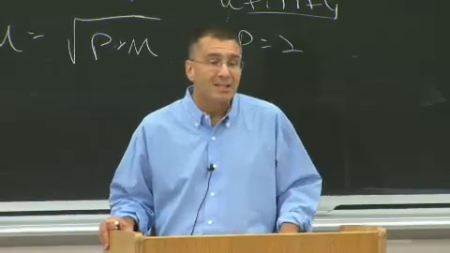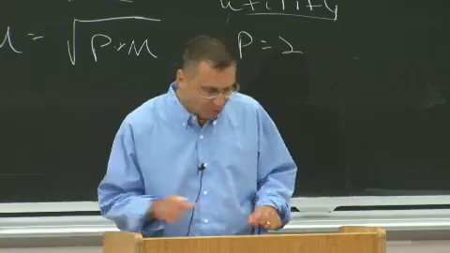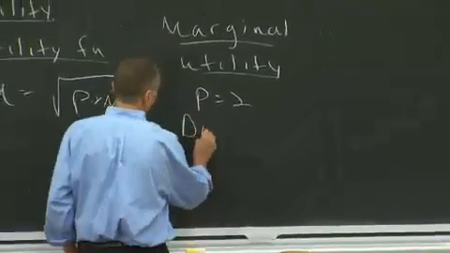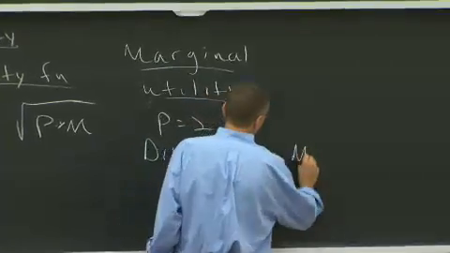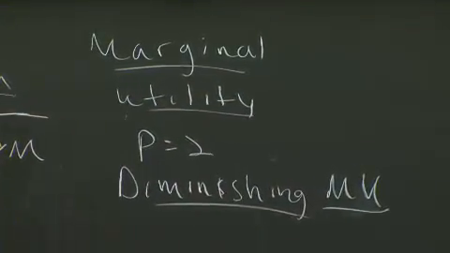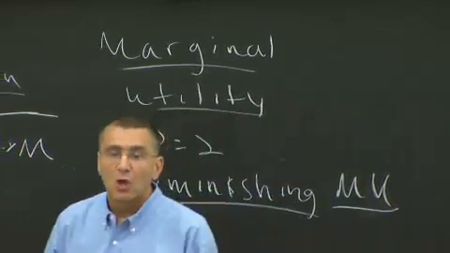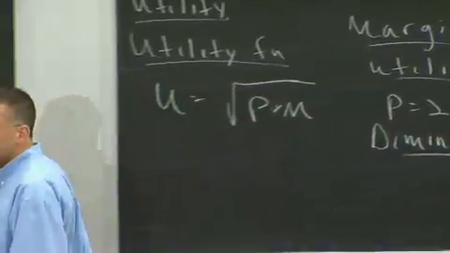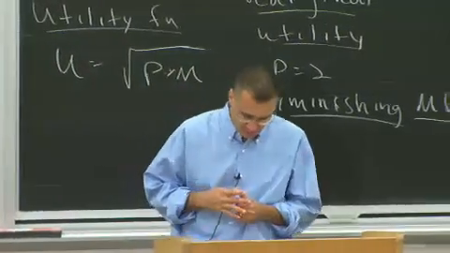But at a diminishing rate, and that's the key. The key assumption that underlies everything we'll do for consumers is diminishing marginal utility. We assume that each additional movie increases your utility, but at an ever-diminishing rate.